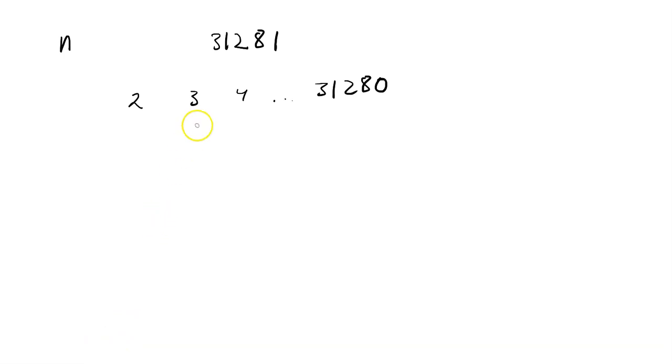Later we will see that all integers can be written as a unique product of prime numbers. And that means that if this is not a prime number, it should be written as a product of some prime numbers.